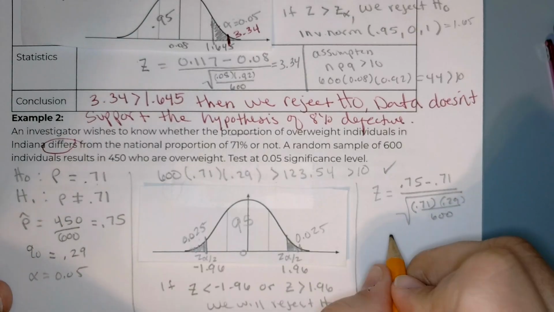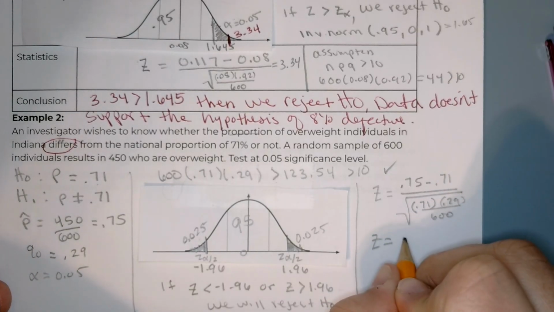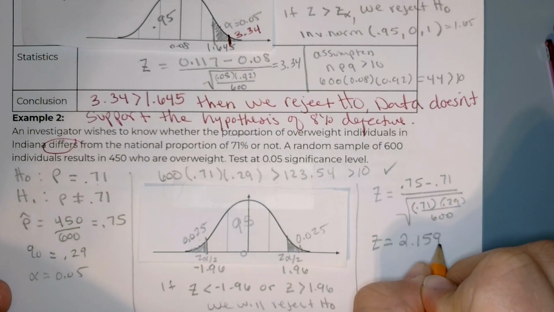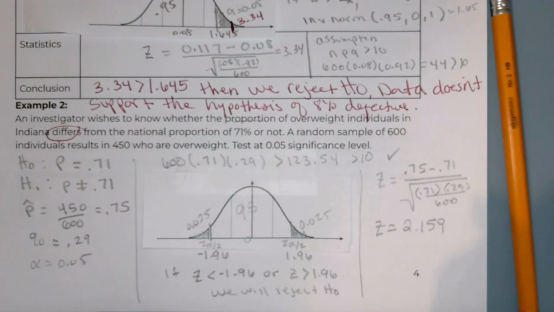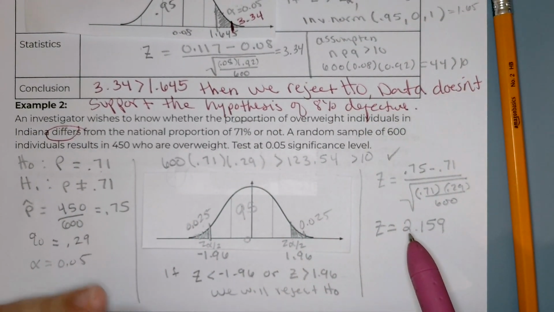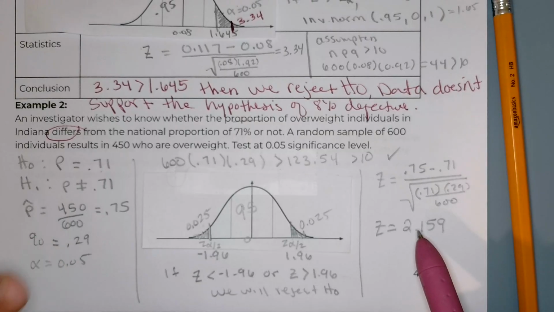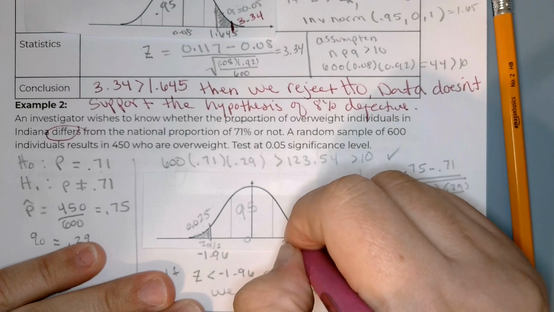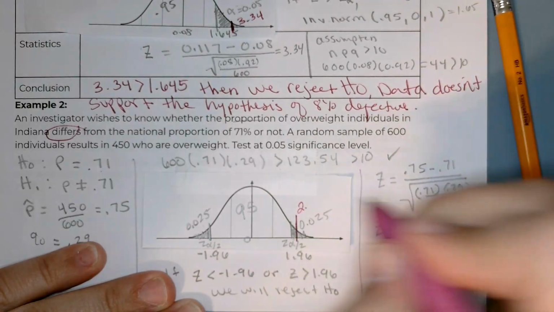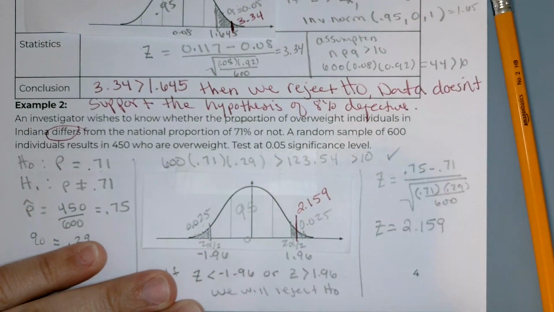So that would give us Z equals 2.159. Okay, so now I'm going to go look over here and figure out where 2.159 would land. That's just over 2 standard deviations away from the mean. It's more than 1.96. It falls right here within our rejection region, 2.159.